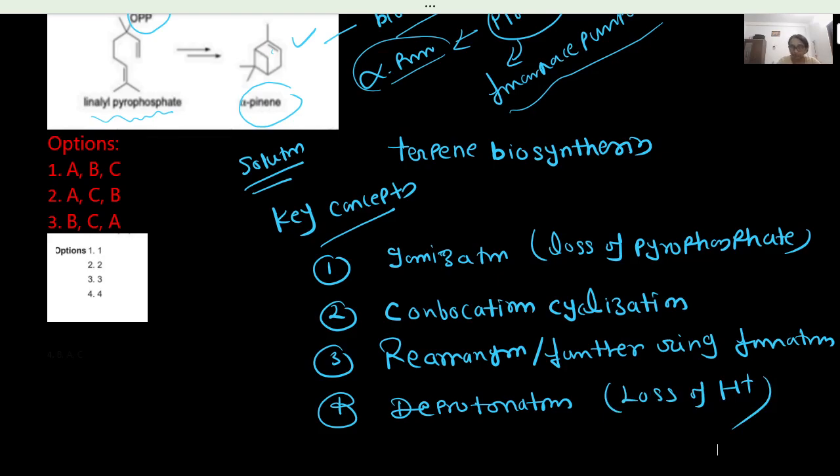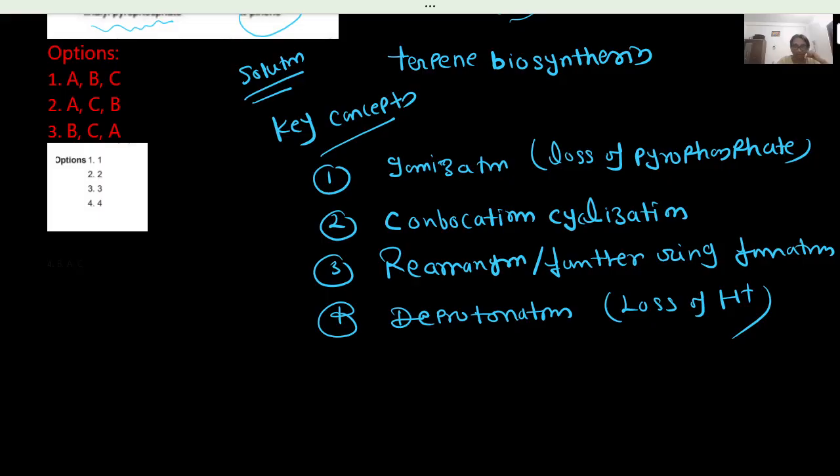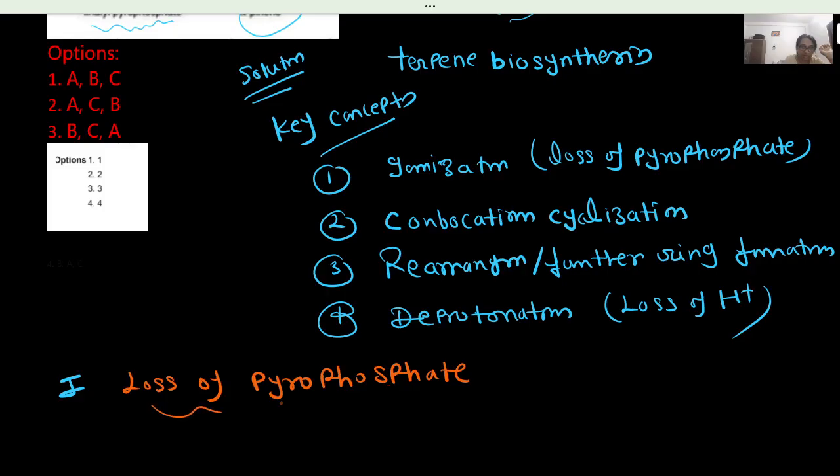Now let us start the reaction mechanism. What is going on in the first step? The loss of pyrophosphate is going on, as per our key concept, because linalyl pyrophosphate contains a good leaving group.